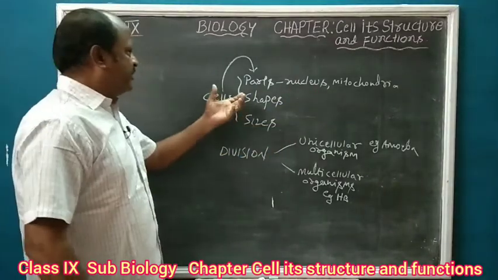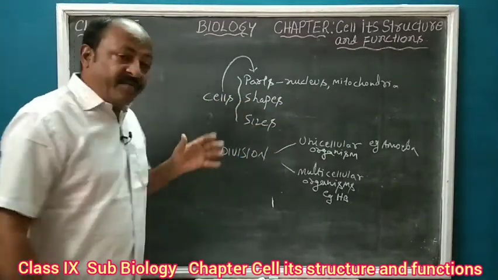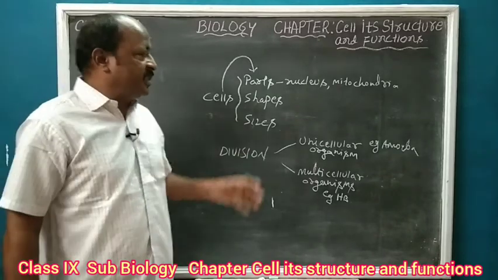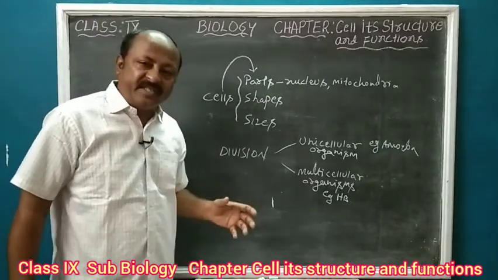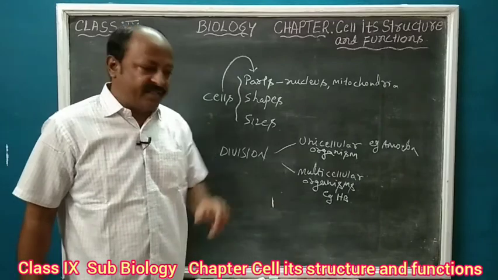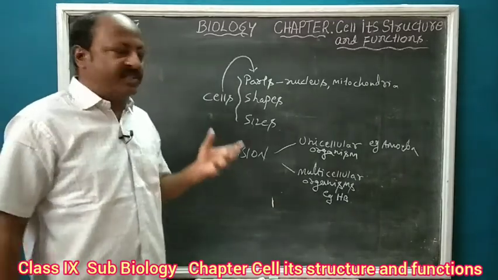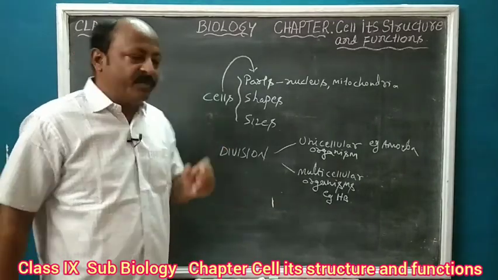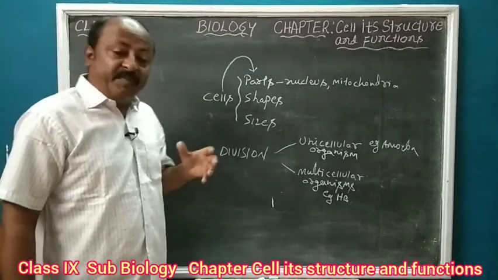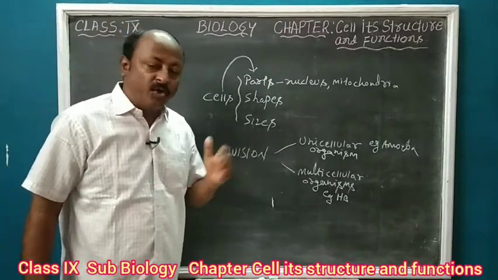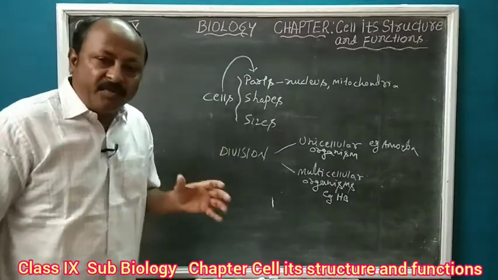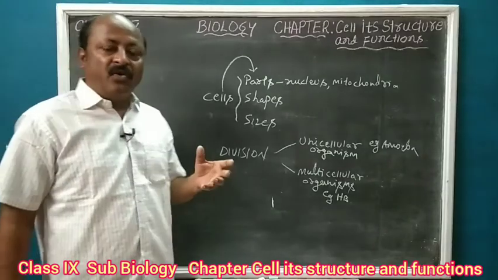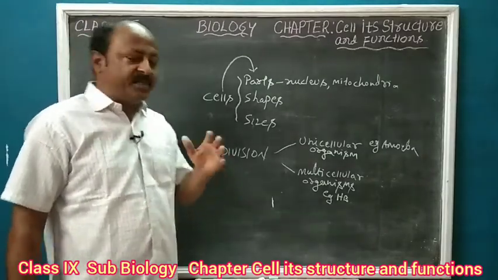But the parts present in plant cells may not be present in animal cells. Plastids present in the plant cell are absent in the animal cell. Also in plants we have a bigger vacuole, whereas the vacuole inside the animal cell is very small or totally absent.